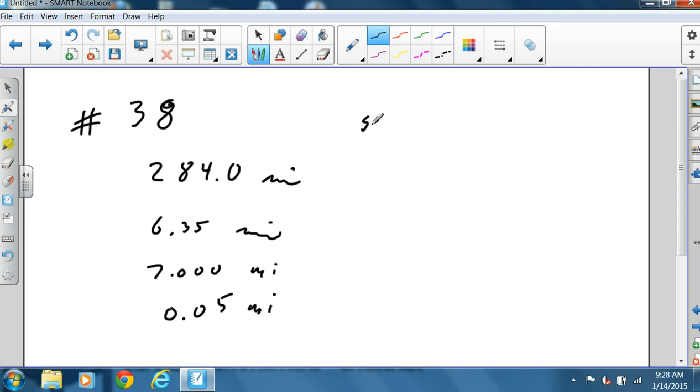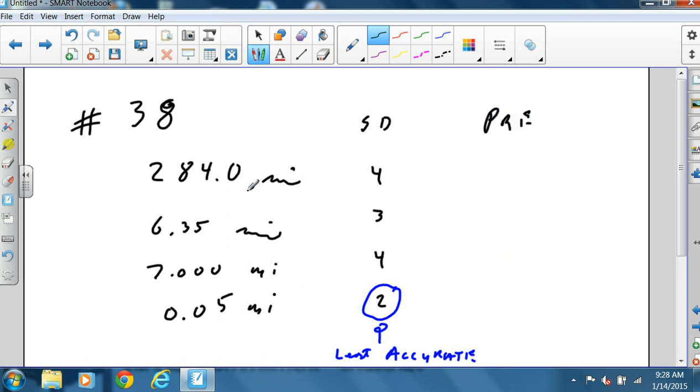So the first thing we're going to look for is significant digits. I got 4, 3, 4, 2. So the one that's least accurate would be the 2 one. All right, and then we're looking for precision. So here we have 1/10 of a mile.